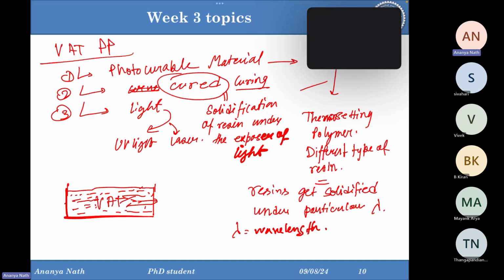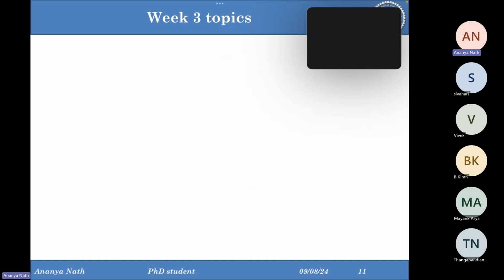Now, I was talking about the tool path planning. So, mask and pixels are the most important thing in vat photopolymerization. So, what we do, the first approach is called top down. Okay, so you have a build plate.